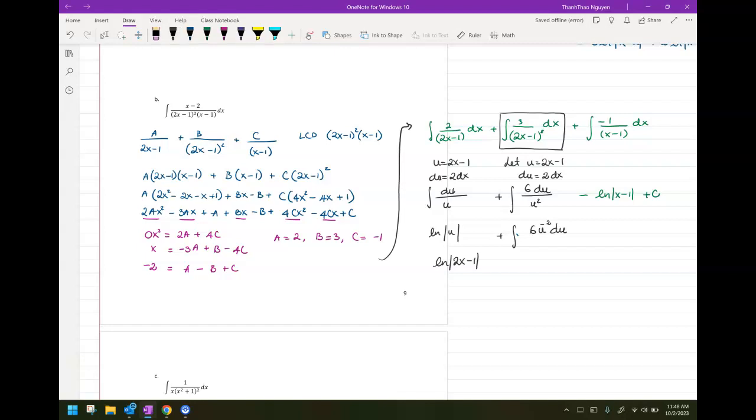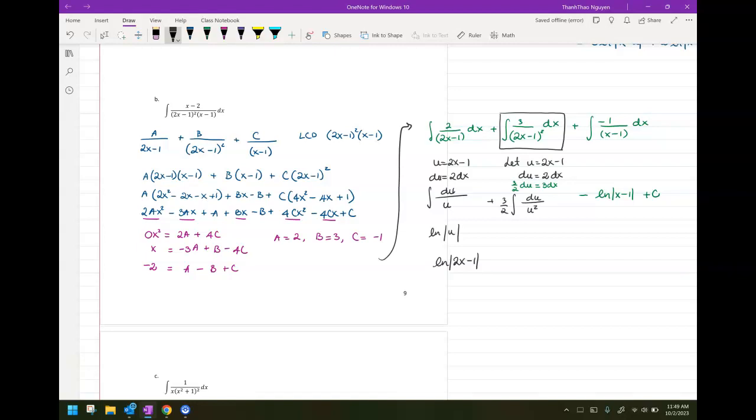Let's fix the integral in the middle. So we get 3dx and du equal to 2dx. This means that 3dx is equal to 3 over 2 du. Okay. So then this integral in between is 3 over 2 du over u squared.